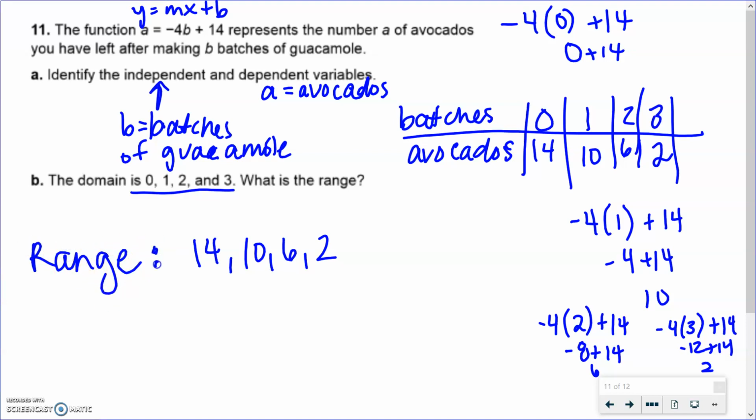So our domain is 0, 1, 2, and 3 because, again, that's the inputs. And the range is going to be the outputs.